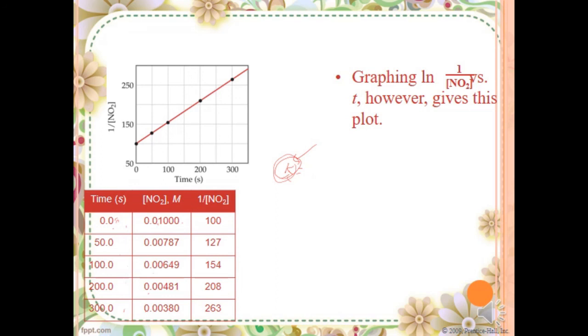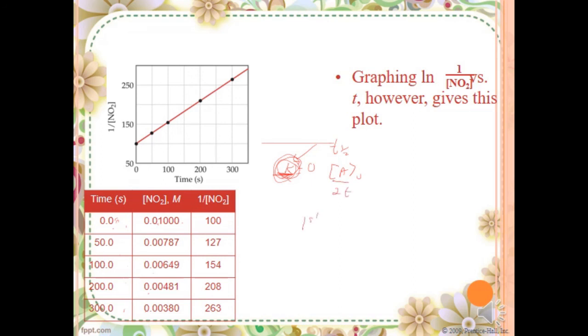But still you have to know the k value, so I don't think the half-life method is appropriate in this context, because the question does not mention anything about half-life. The half-life for zero order is A naught over 2k.